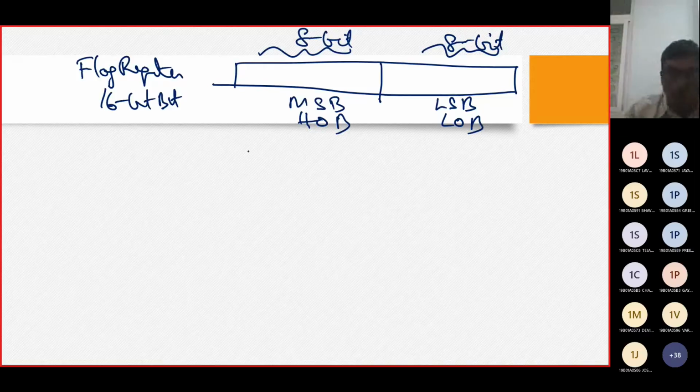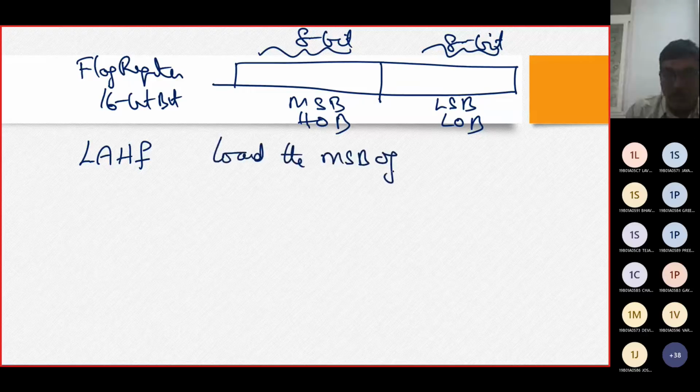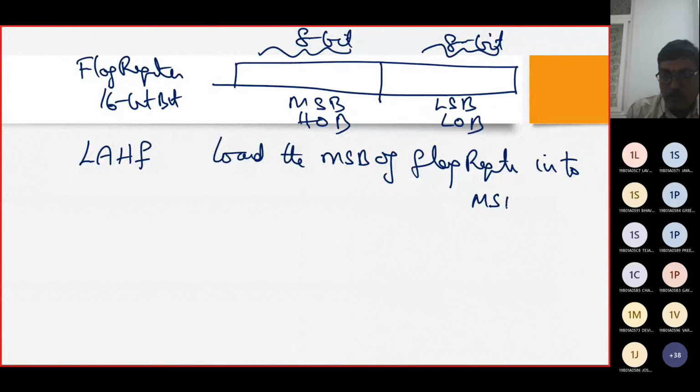Now, the instruction we were discussing was LAHF. That means we will load the MSB of the flag register into the MSB of the accumulator.